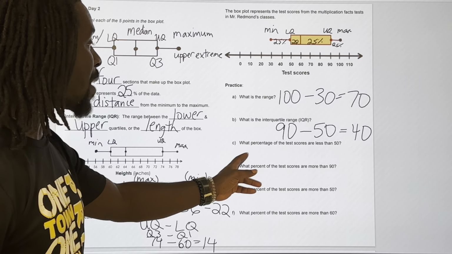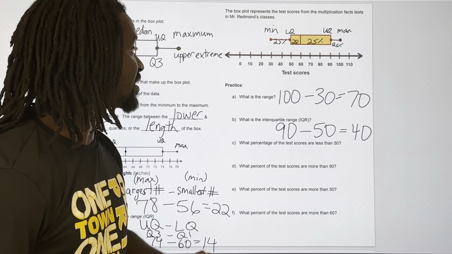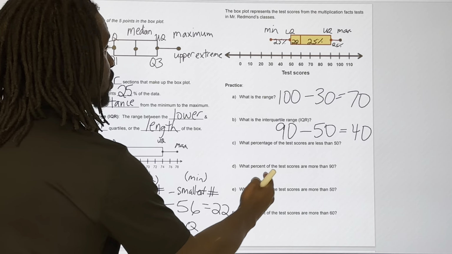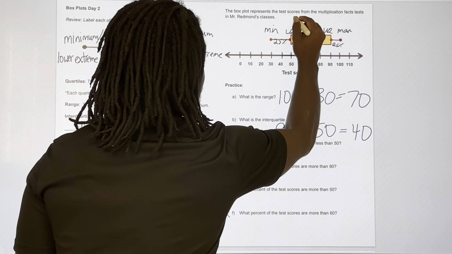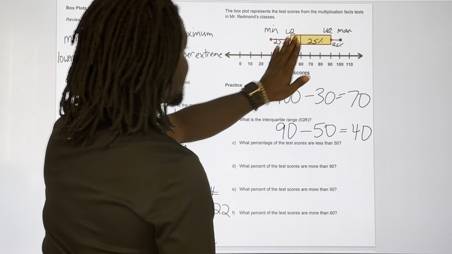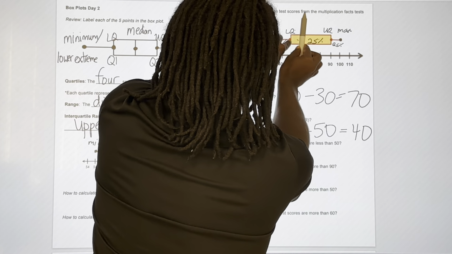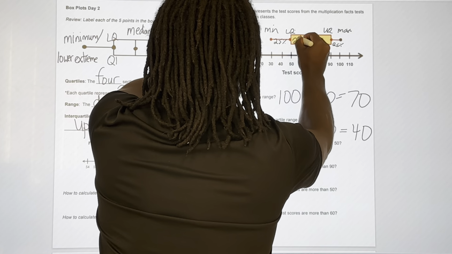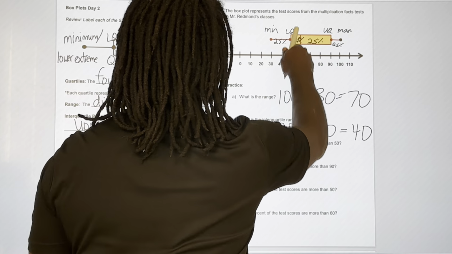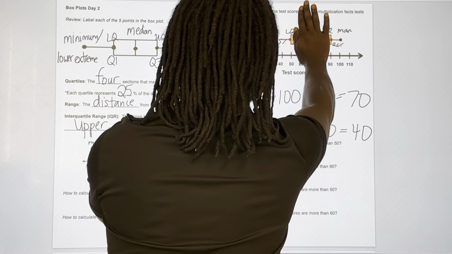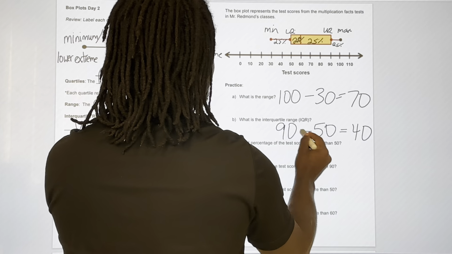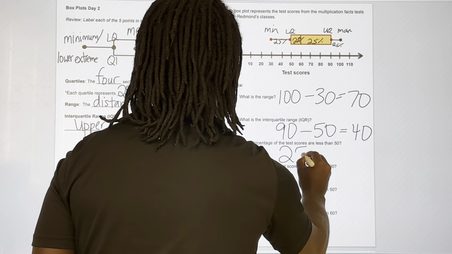So what percentage of the test scores are less than 50? If I look at 50, I want to see how much of the data is less than that. Well, that's only one section of the box plot, so what's less than that would be 25%.